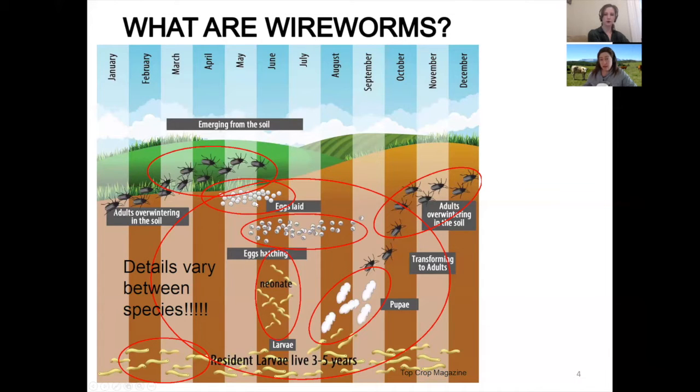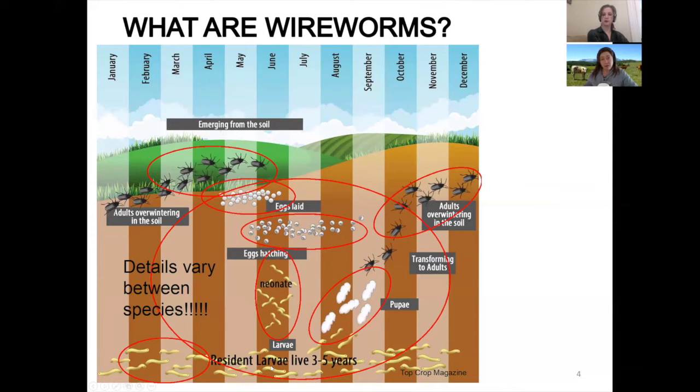Those little eggs will hatch into new hatchlings, which we call neonates. These are very, very small little wireworms, and at this stage of their life cycle they're quite fragile. They're sensitive to dryness, moisture, and temperature as well. If they survive their first summer, fall, and winter in the soil, then next year we call them resident larvae.